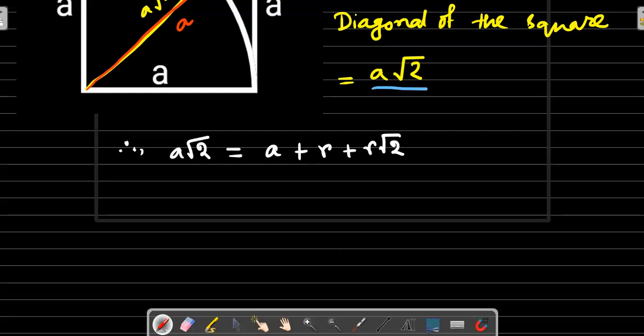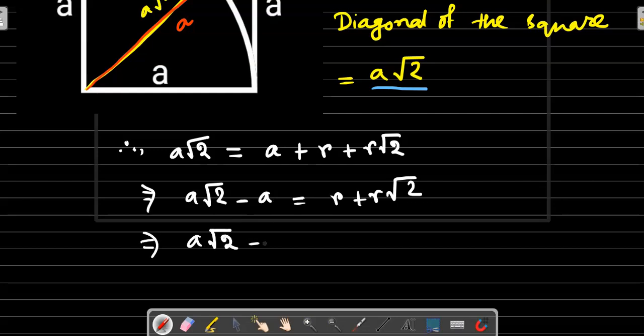Now from here we have to find R. So what we can do? A root 2 minus A is equal to R plus R root 2. Now from here, we get A root 2 minus A equal to, take R common, then we get 1 plus root 2.